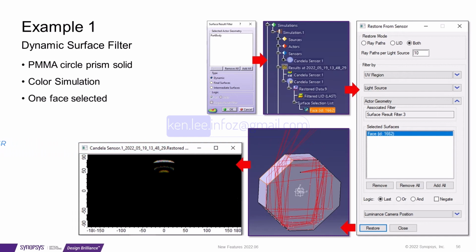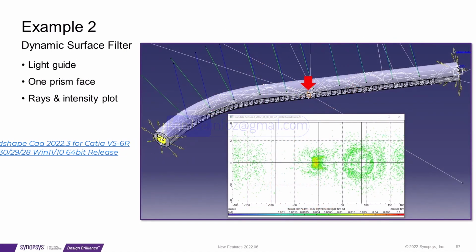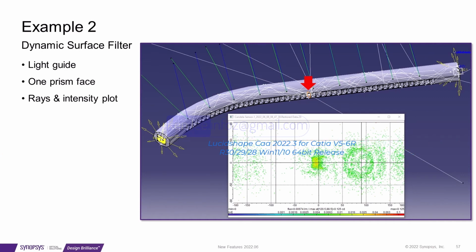After the simulation, one facet of the prism was selected in the Restore dialog. In this example, we take a look at the contribution of a single prism surface inside a light guide.